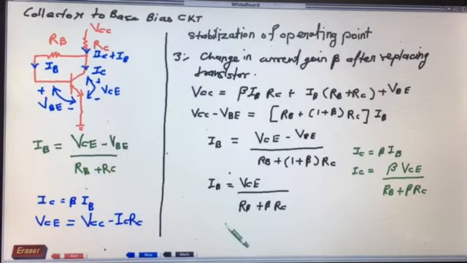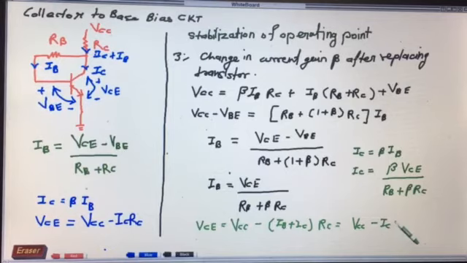Also, the relation VCE equals VCC minus (IB plus IC) times RC equals VCC minus ICRC, because IB is negligible, which will also remain constant.